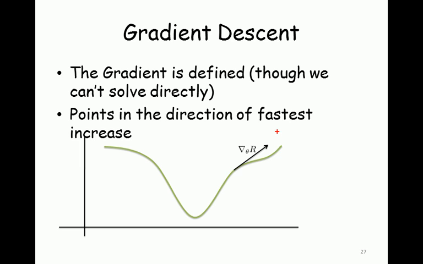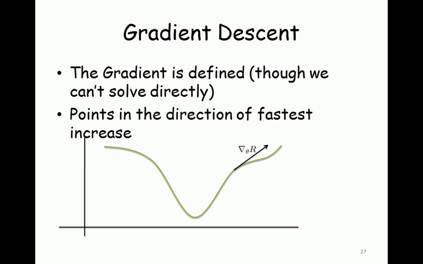So let's say we have this curve. This curve represents the error of a function. The minimum is here, so we want to end up here. And we have some parameters to adjust.